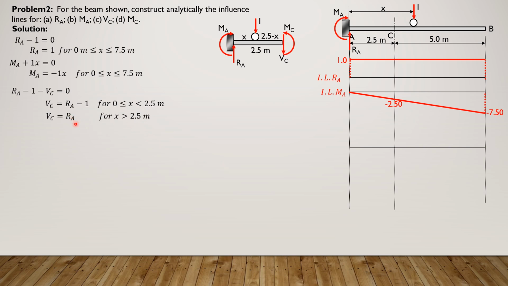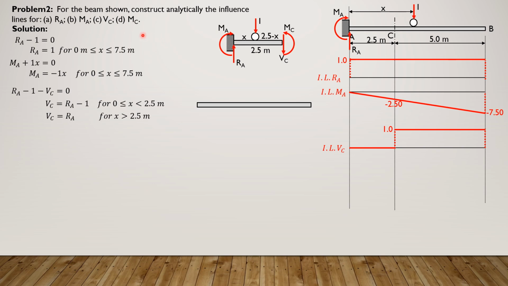Shear at C is equal to RA, and RA equals 1, so it is 1 beginning just to the right of C. But from A to C, it is 0. Then from C to B, just to the right of C, it is equal to RA, and RA is equal to 1. So that's why it is 1 up to B. So that's the influence line for shear at C.